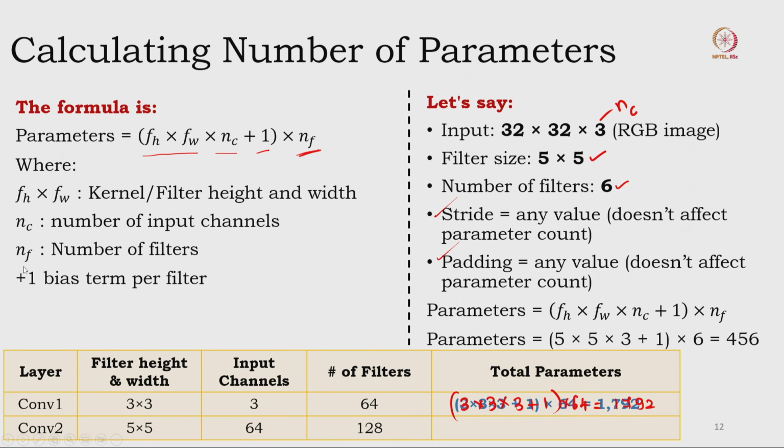Yes, this is the value that we are getting. So, this is the calculation part. Similarly, for the second one, we have 5 cross 5, then the number of input channels here is 64, so 5 into 5 into 64 plus 1, and the number of filters we have considered is 128. So, this is the calculation that we are seeing.